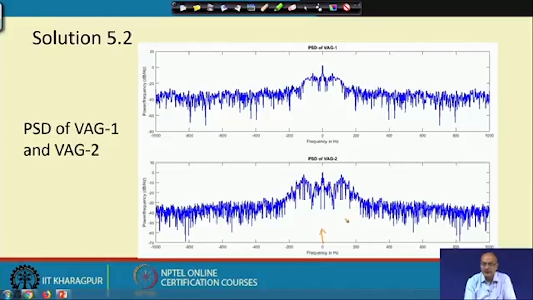Apart from that we have these two bands, where we have a good amount of energy in both cases. However, for VAG2, the strength of the signal in this band is more. So, that is what we notice.